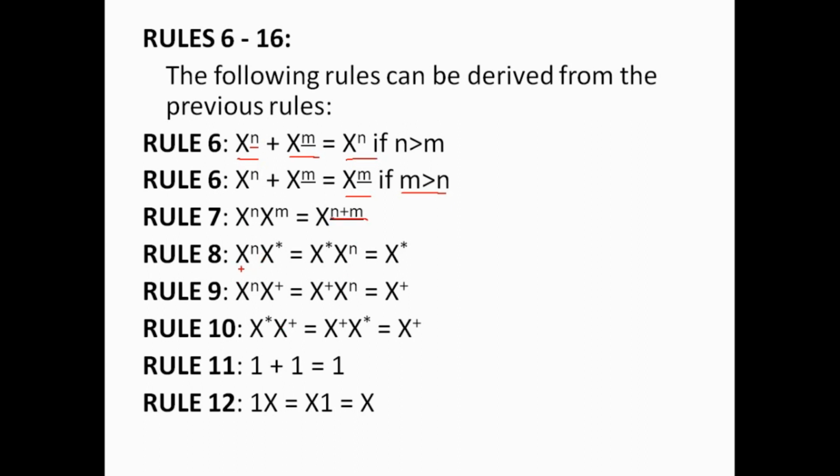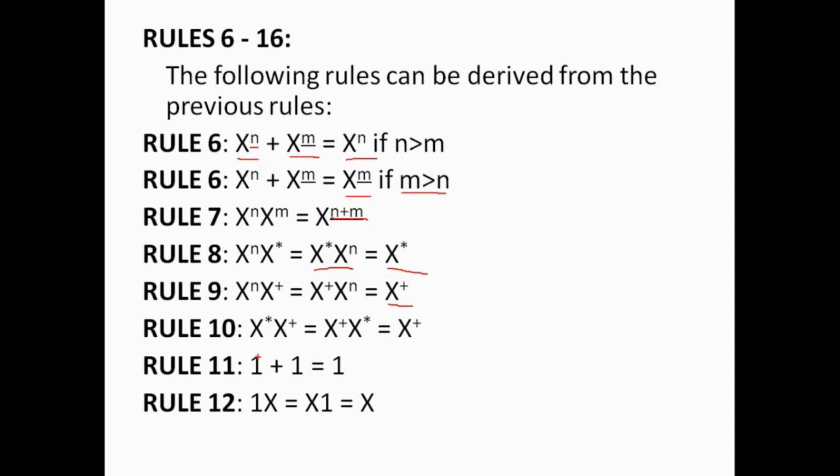Next rule: x to the power of n times x star equals x star times x to the power of n, which equals x star. Rule 9: x to the power of n times x plus equals x plus times x to the power of n, which is also x plus.